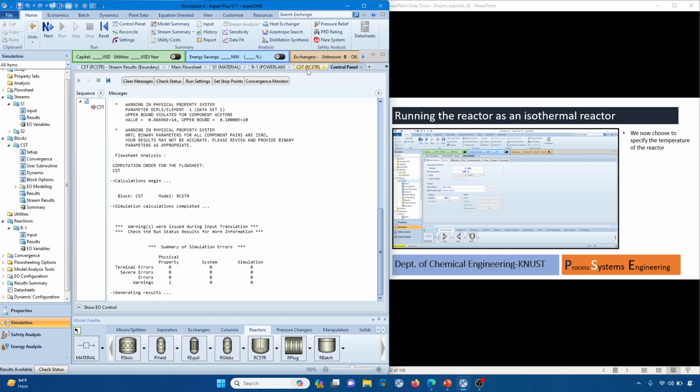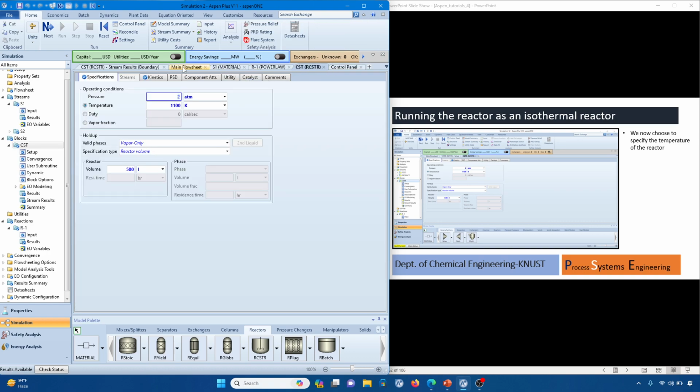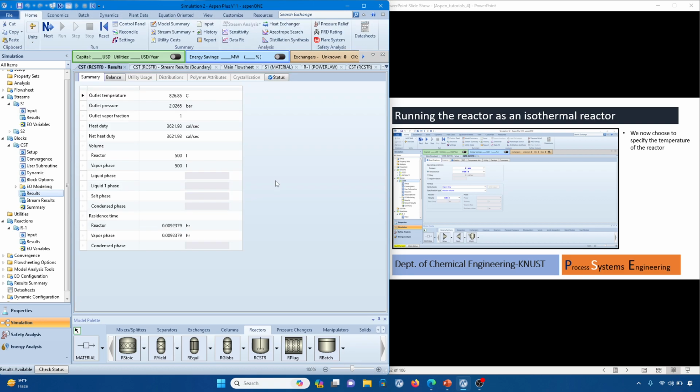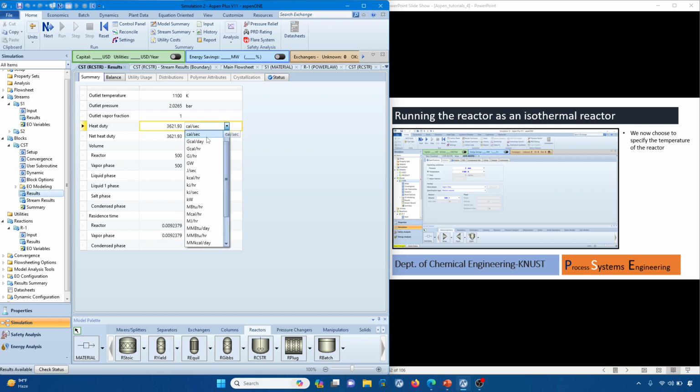And then when we go to the block results, we see that we have maintained that temperature at the expense of some heating requirements. We needed to supply some heat to the reaction medium to maintain the temperature.